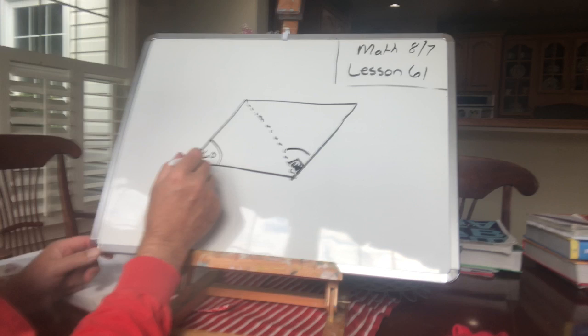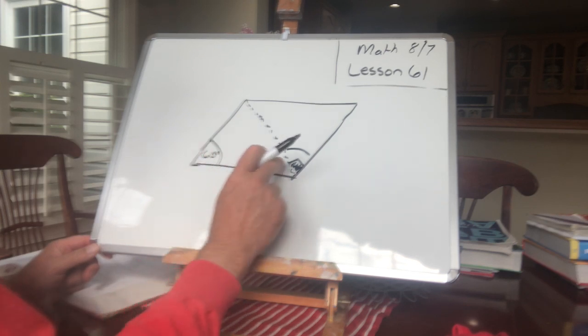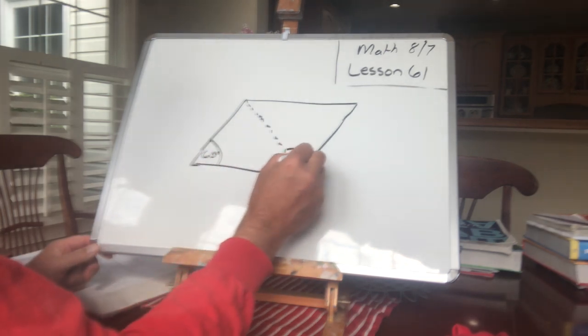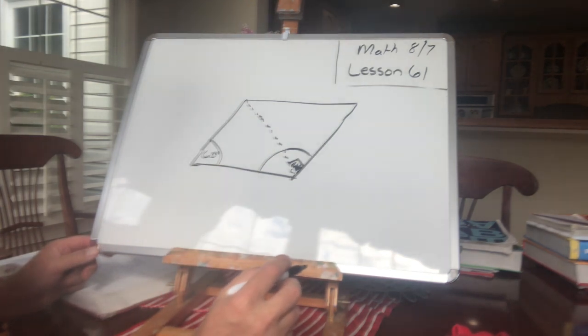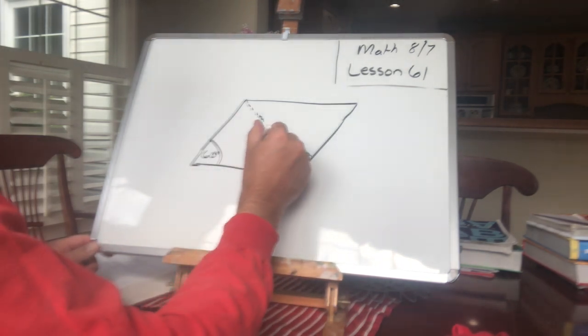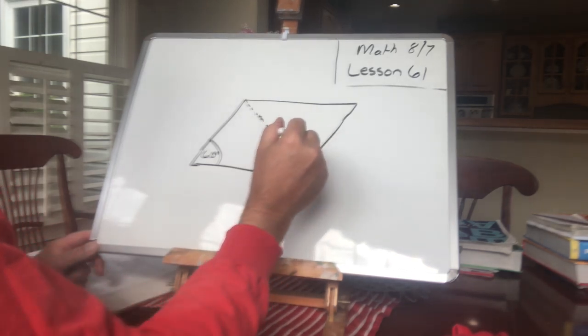Now, if this one is 60, and the angles are supplementary, that means this angle plus all of this angle adds up to 180. So this whole angle right here is 120 degrees.